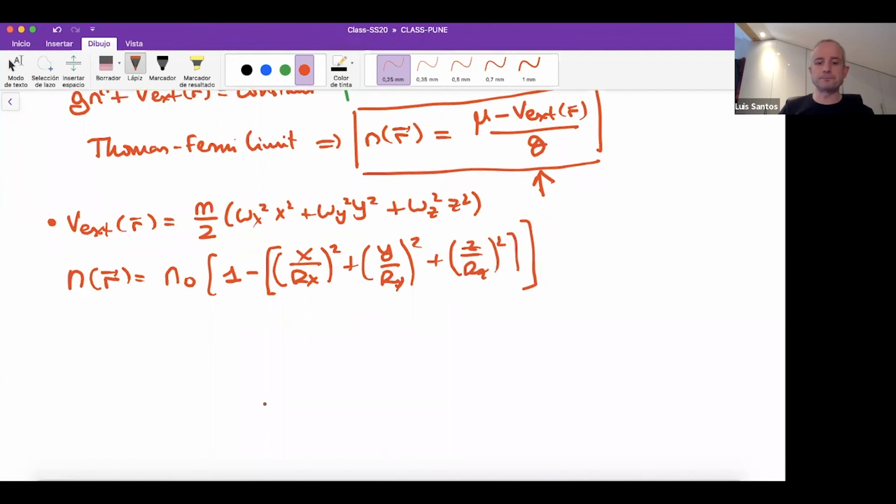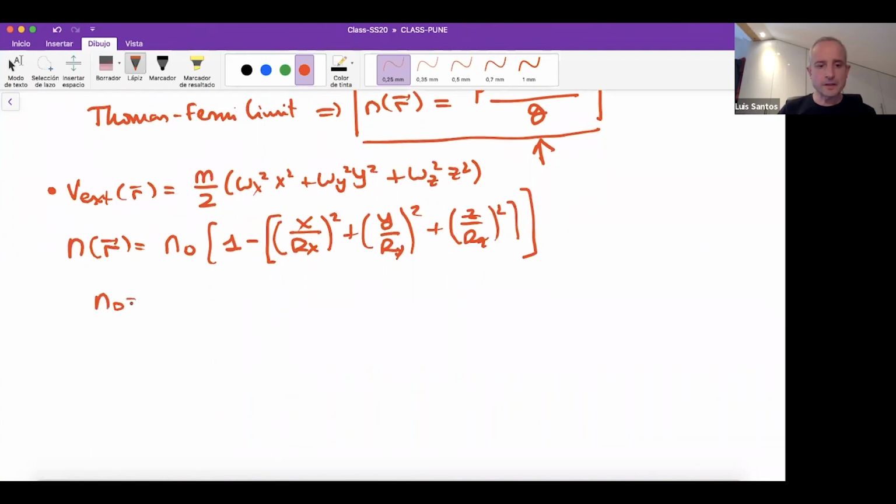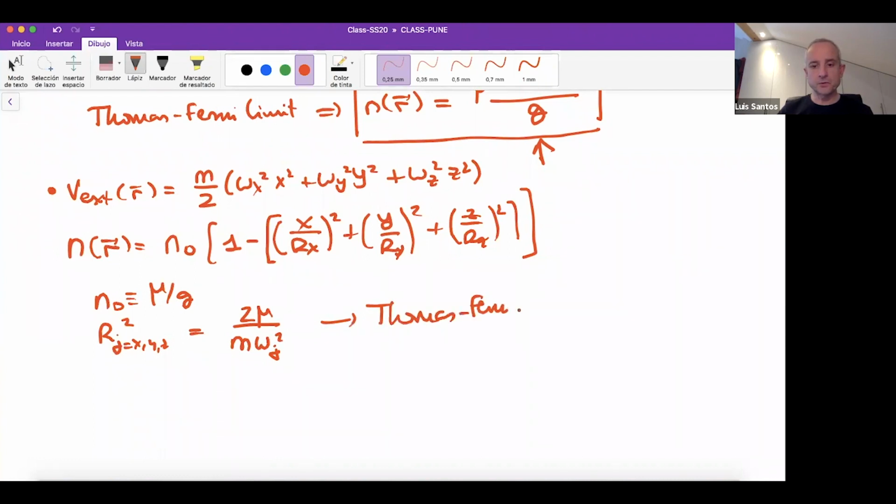And this N0 is nothing else than mu divided by G. And R_J squared, where J is X, Y, or Z, is 2 mu divided by m omega_J squared. These are the so-called Thomas Fermi radii that I have in this problem.